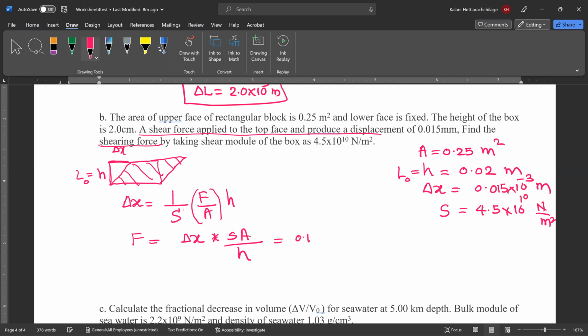Delta X is 0.1015 times 10 to the negative 3, and the cross-sectional area is 0.25, times the shear modulus, and you divide by the H. So now your force will be equal to 8.44 times 10 to the power 6 meters.